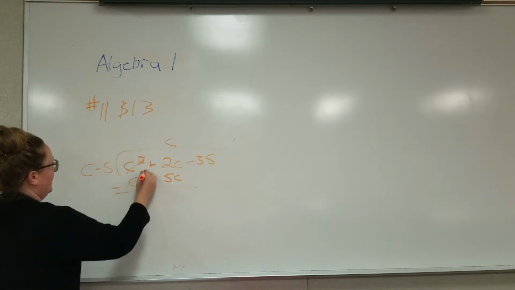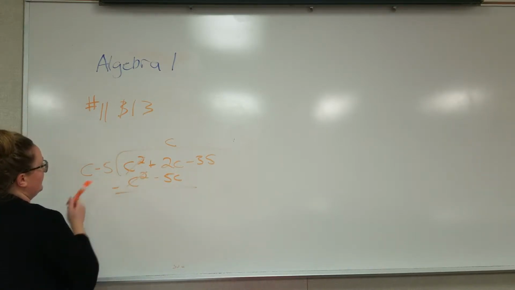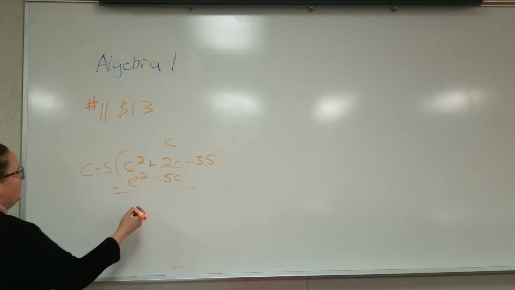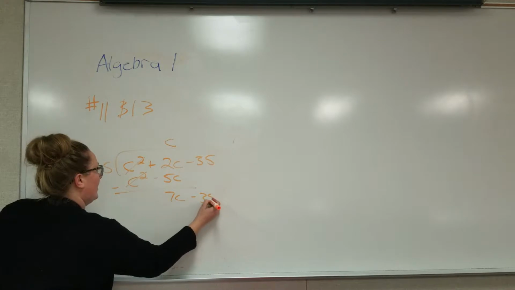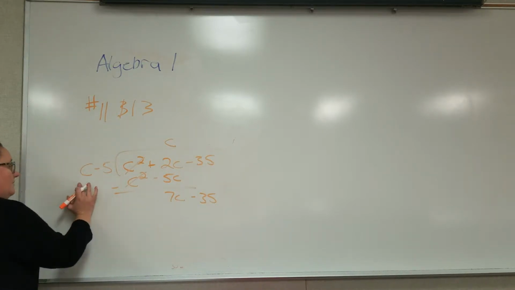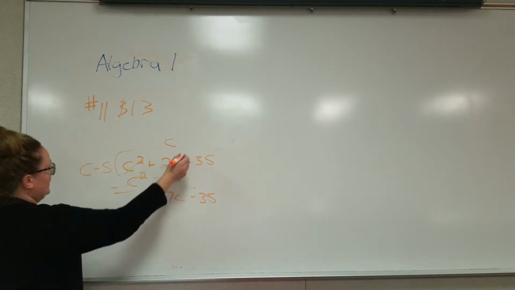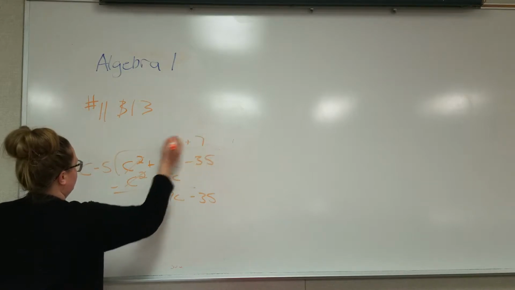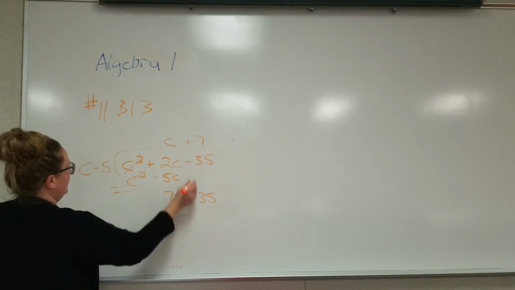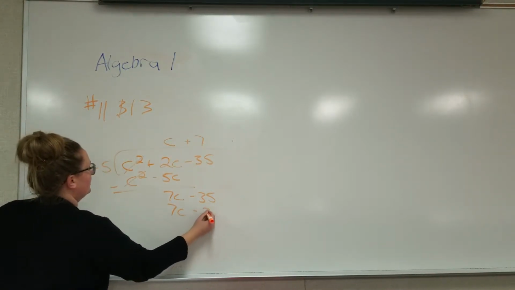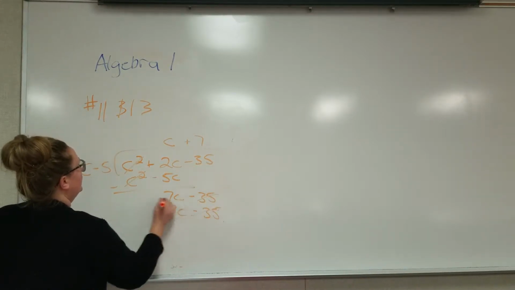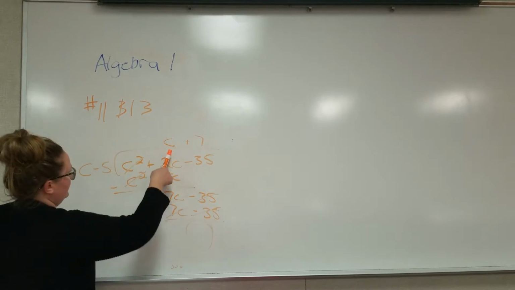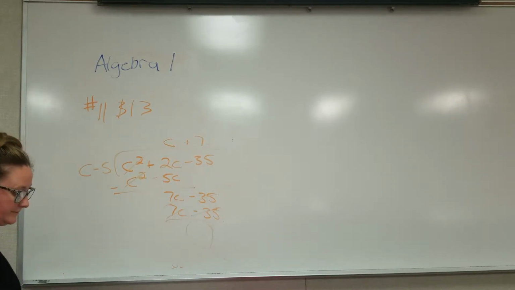These are going to eliminate. 2 minus -5, so actually 2 plus 5, is 7c, and then drop the -35. Now what do I have to times c by to make it equal 7c? Just a 7. 7 times c is 7c, and 7 times -5 is -35, and those both eliminate because they have the same sign, 0. So the answer would be c plus 7.